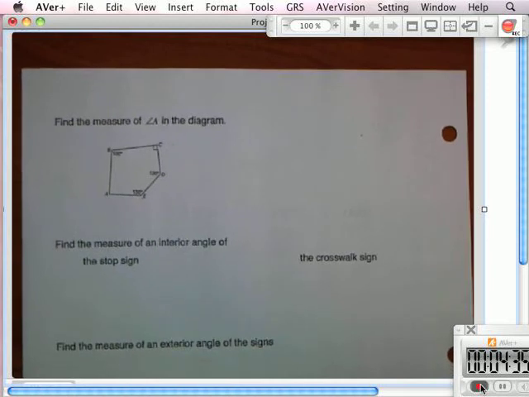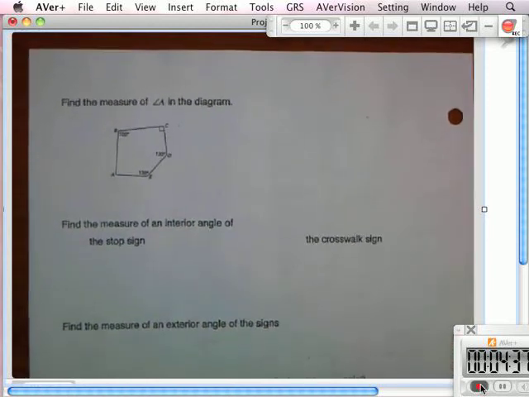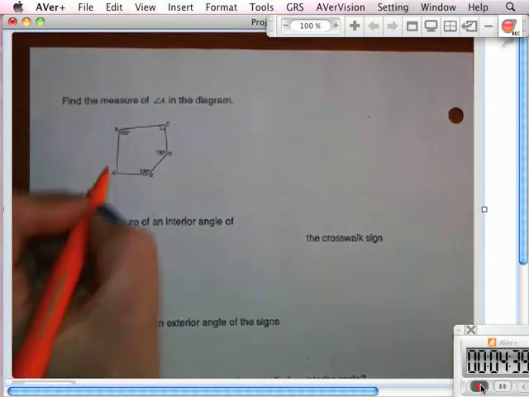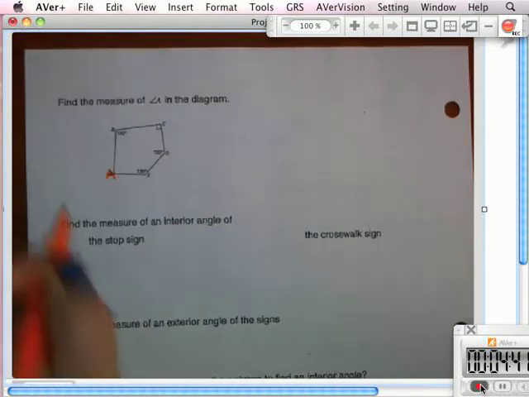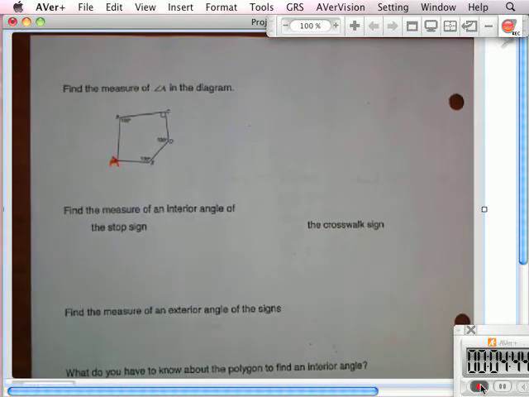All right, find the measure of angle A in the diagram. I need to know that angle. This is called a two-step. We need to do 2 steps. I can't really figure out A right now. I have to find the what?